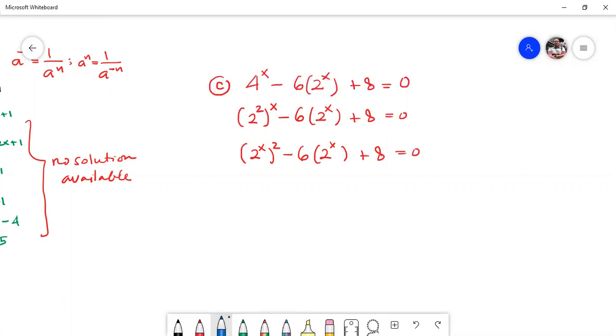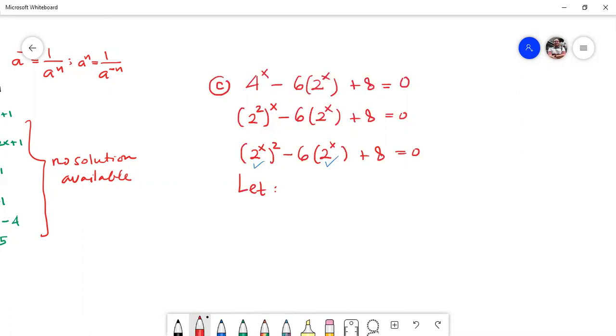Now as you see, we have 2 to the power x and then 2 to the power of x. The next step I will take is to define 2 to the power of x into a certain notation.